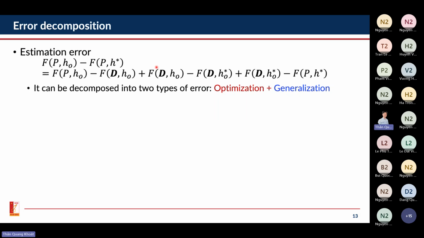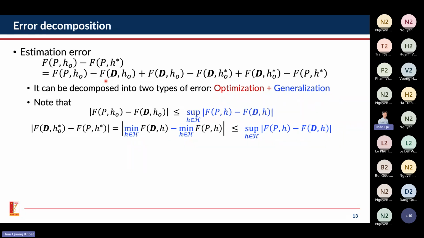Okay, but from this one, we can easily see that the estimation error can be decomposed into two other types of error. One is optimization, and the other is generalization. Okay, so what is that?